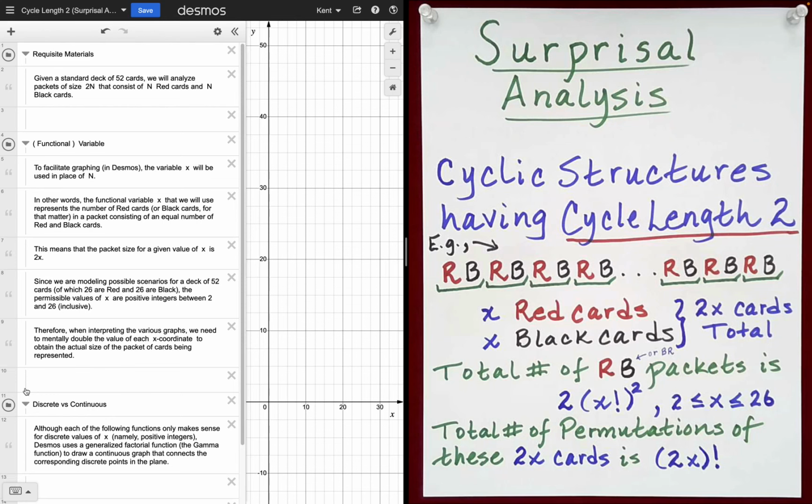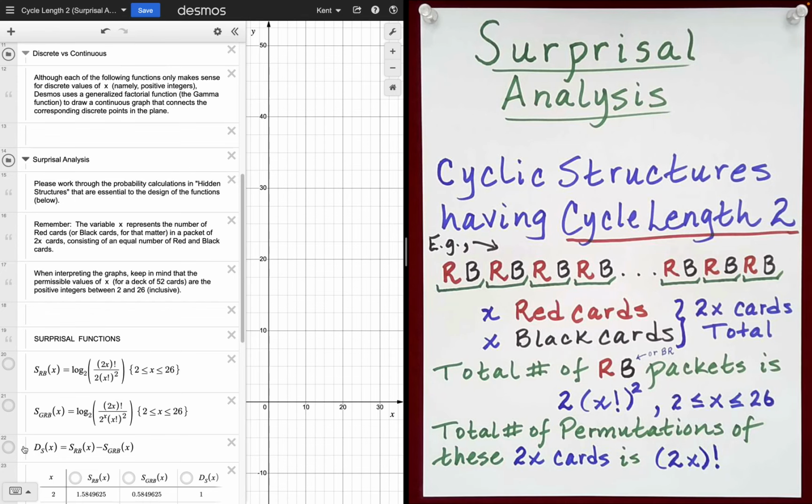Although each of the following functions only makes sense for discrete values of x, namely positive integers, Desmos uses a generalized factorial function, the gamma function, to draw a continuous graph that connects the corresponding discrete points in the plane.